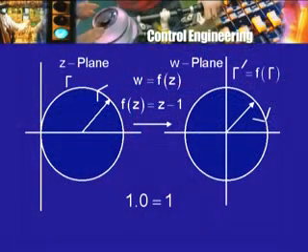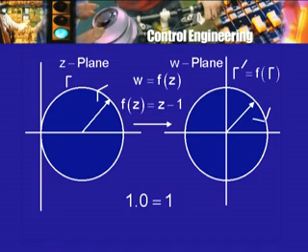Then we look at a contour in the z plane and look at its image in the w plane. So here is a contour in the z plane, and let me choose the contour as a unit circle, but centered around the point 1 plus j0 with radius 1, and I am going to choose for the function f simply z minus 1 as we did earlier.